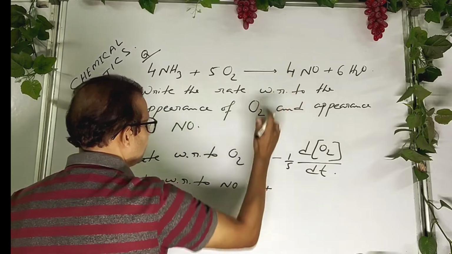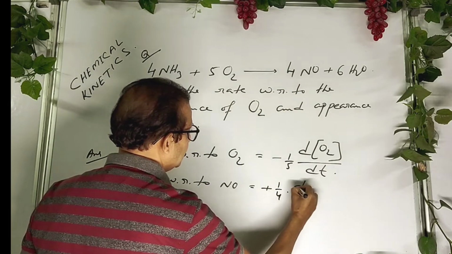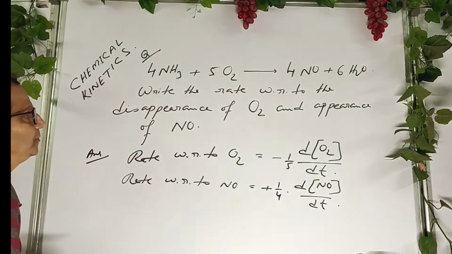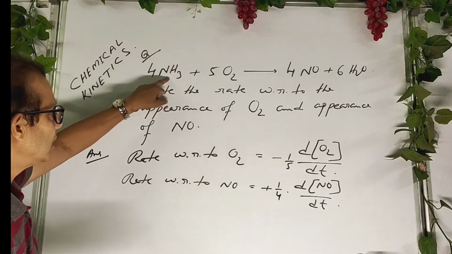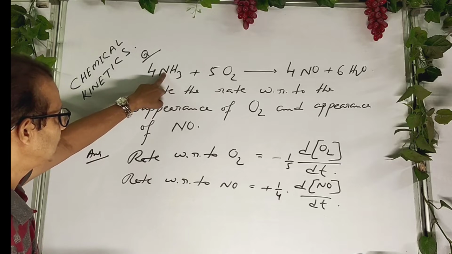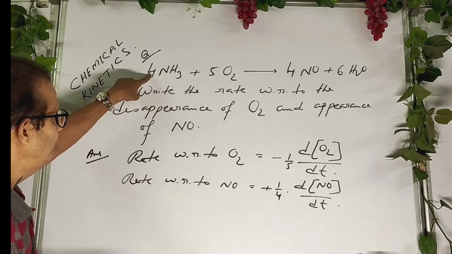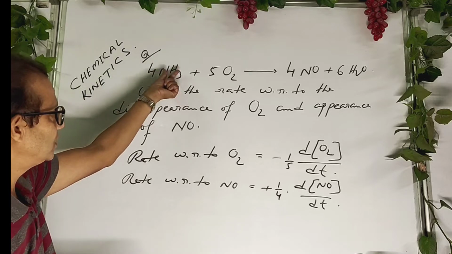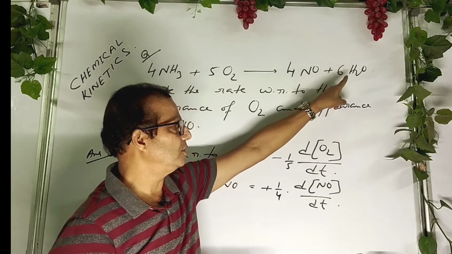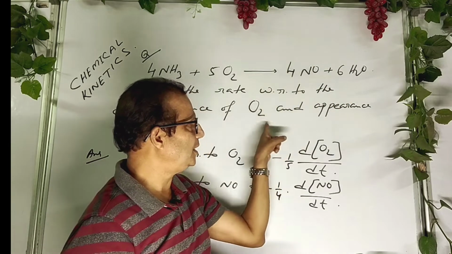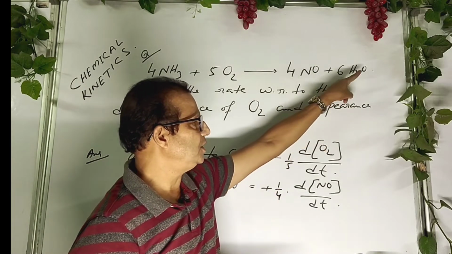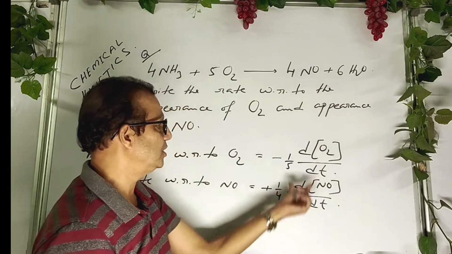In front of there is 1/4, write it, change of concentration of nitric oxide by change in time. It is not asked, but if the rate of ammonia is asked, then obviously it is negative, 1/4 d change of concentration by dt. If water is asked, it is a product, so how to write it? Rate with respect to water equals to plus 1/6 change of concentration of water by change in time.